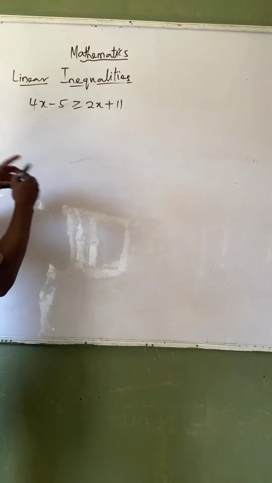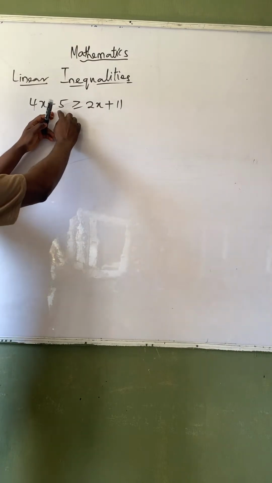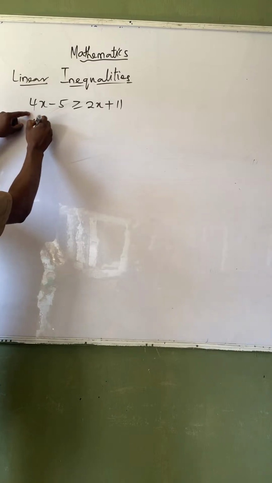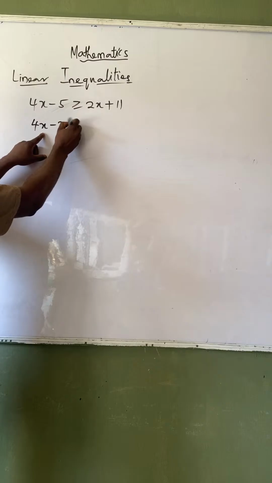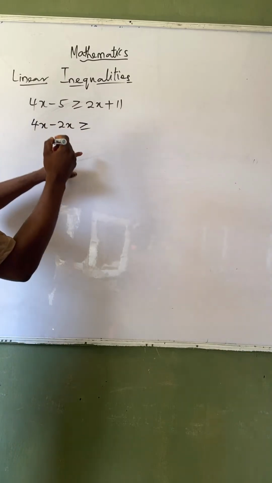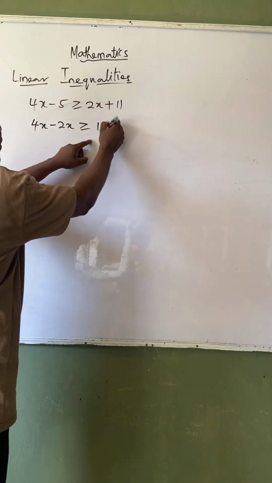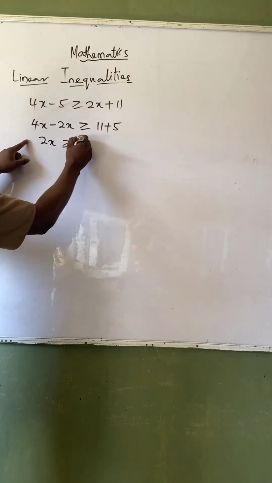Now, what do you do here? We collect the like terms. The x will be on one side, the constants we move to the other side. Now I'm starting with this 4x, this is 2x, coming here becomes minus 2x. Then you follow through with the sign that we have, greater than or equal to, what we have here, 11. This is minus 5, coming here becomes plus 5. So solving here, we have 2x greater than or equal to 16.